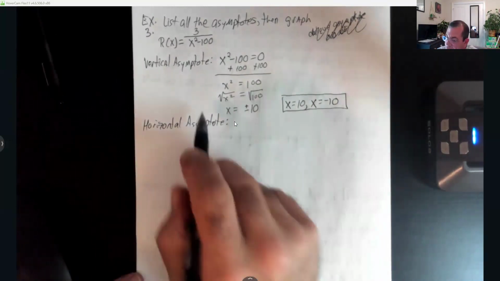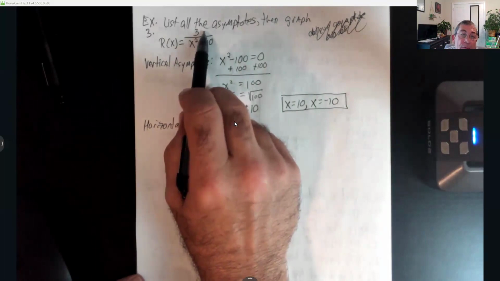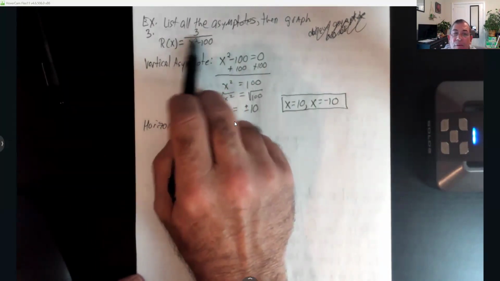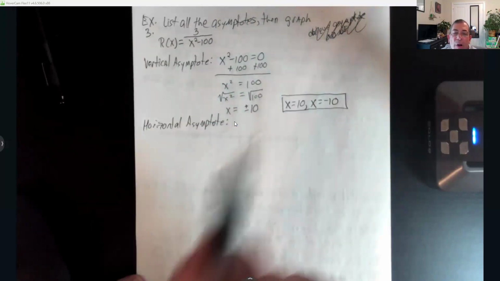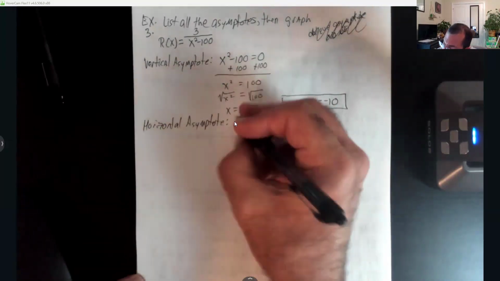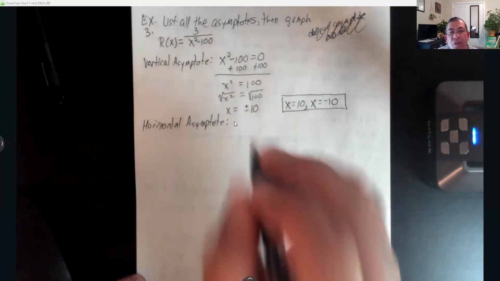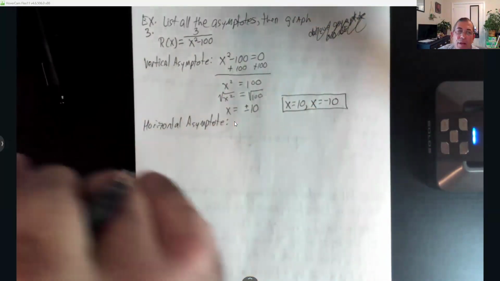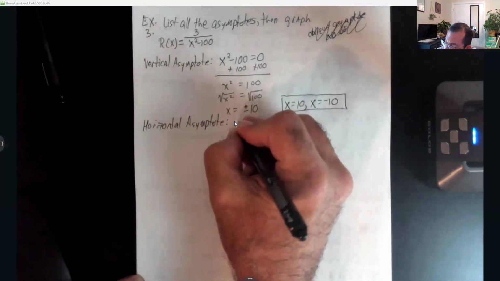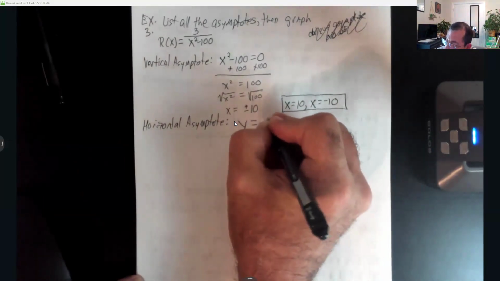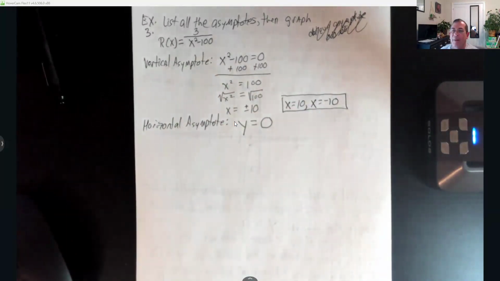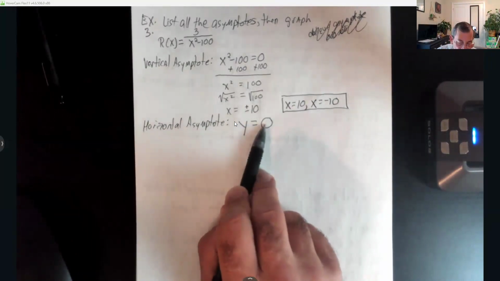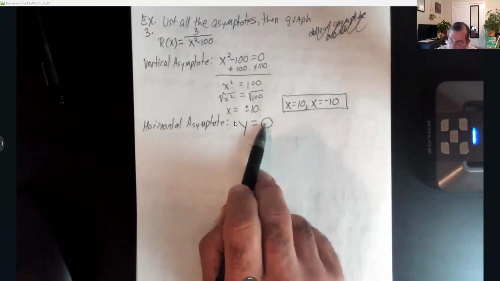So greater at the bottom. Good job. Y'all, we don't even have a variable on top. So the degree of the top is 0. The degree of the bottom is 2. Okay? So the bottom is greater. So since the bottom is a greater degree than the top, our asymptote is y equals 0. So automatically, if the bottom is a higher degree, you put y equals 0. Okay, so that's my horizontal.